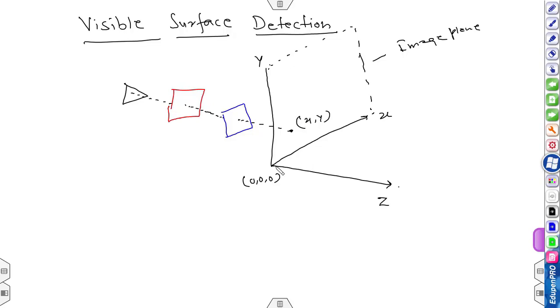This z axis is the depth axis, because all the game objects are arranged at various depths as per the z-axis.